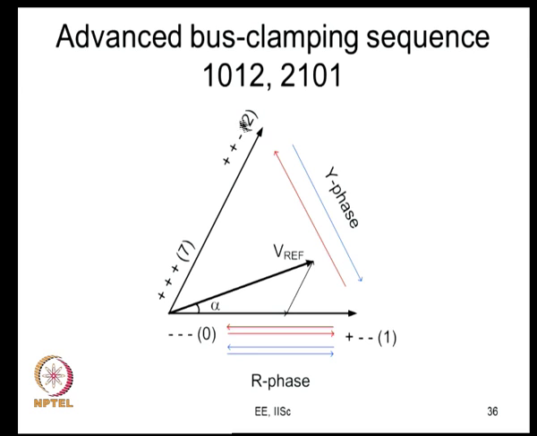So, one sub cycle is complete and you have applied the null vector for tz seconds and this one for t1 seconds and this two for t2 seconds. So, you are going to produce the desired reference vector, no doubt, except that you are applying the voltage vectors in different sequences now. What you are doing is also you are switching R phase twice, you are switching Y phase once and you are not switching B phase at all.